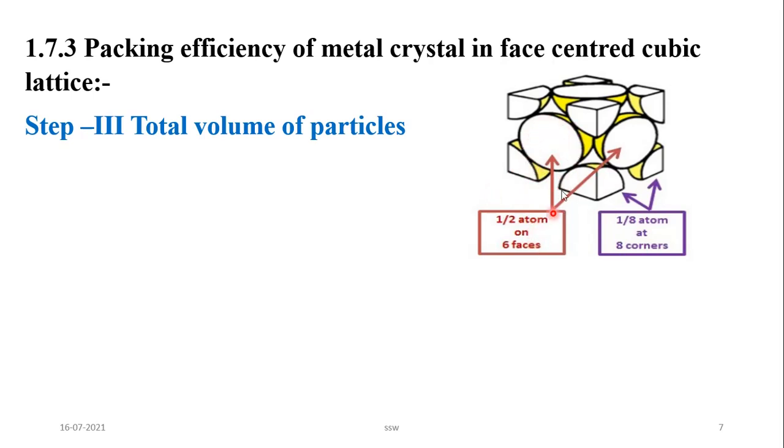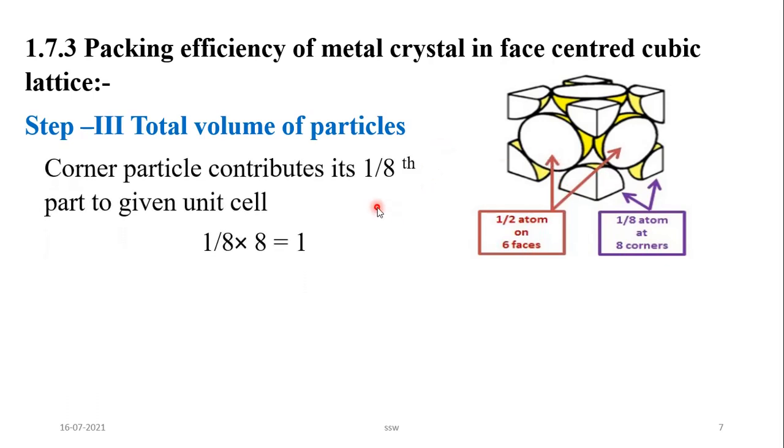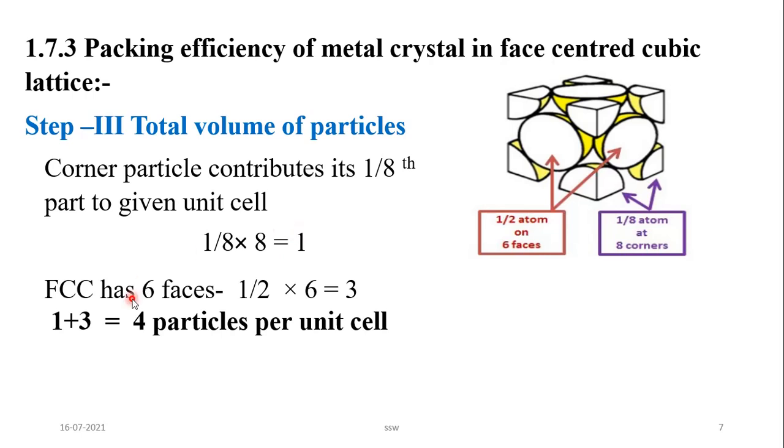So half atom on the 6 faces, and the corner particle contributes its 1/8 part to the given unit cell. Therefore 1/8 into 8 is equal to 1. And FCC has 6 faces, so half into 6 is equal to 3. So 1 plus 3 is equal to 4.